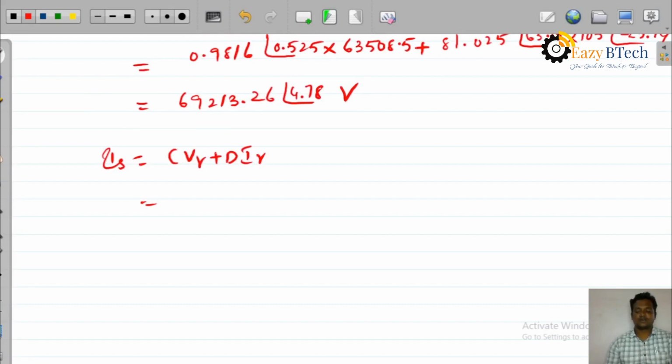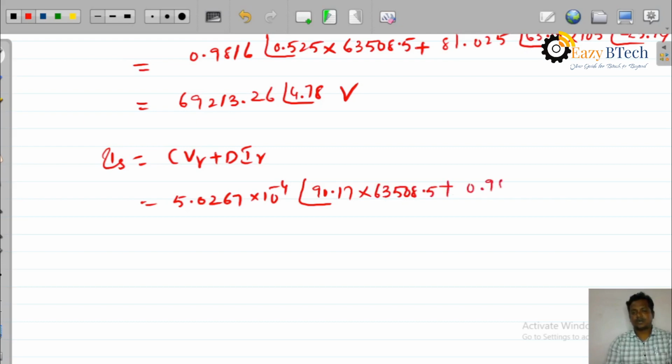Substitute the values of C. We get C equals 5.0267 into 10 power minus 4 at an angle 90.17 into 63508.5, plus D equals 0.9816 at an angle 0.525 into 105 at an angle minus 24.84. We can get the Is value. Here we get the sending end current.